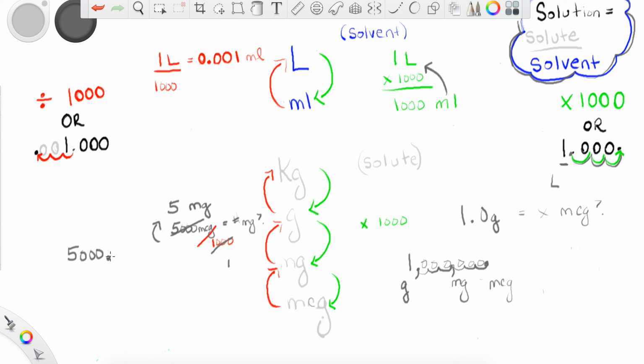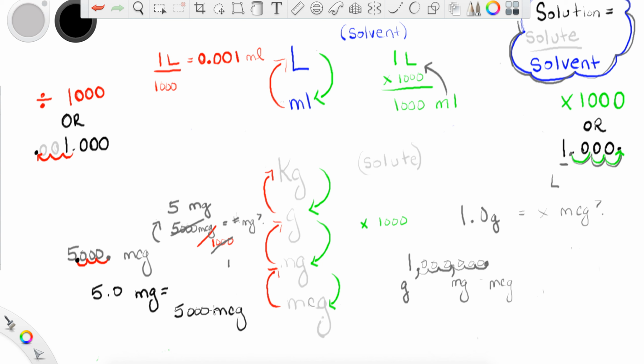So this is 5,000 micrograms, and we move our decimal point 1, 2, 3 places, and we know that 5.0 milligrams is equal to 5,000 micrograms.